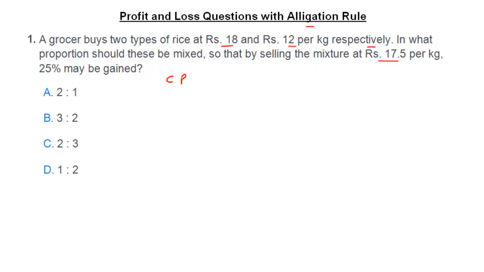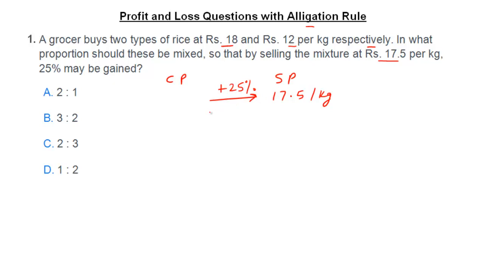So I am just writing CP and SP. SP is 17.5 per kg, and you have to first find what should be the CP so that there is a profit of 25%. We know that in order to have a profit of 25%, the selling price is 125% of the cost price.